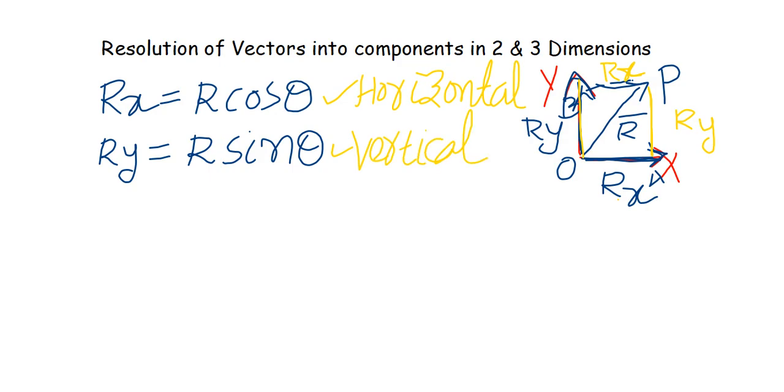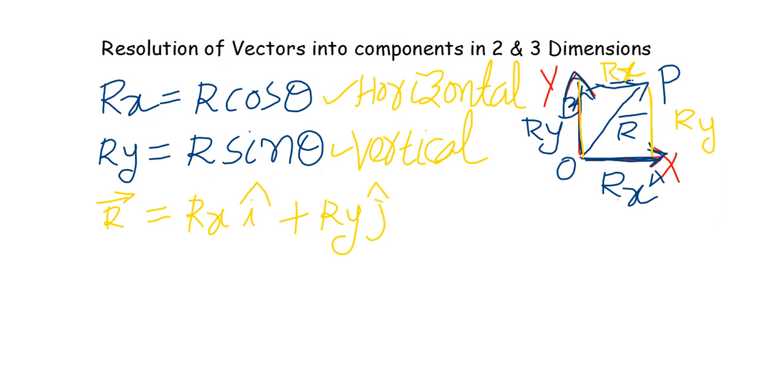So the resultant vector r bar is, in x-axis we represent this as rx i cap, where i cap represents x direction. So ry j cap.